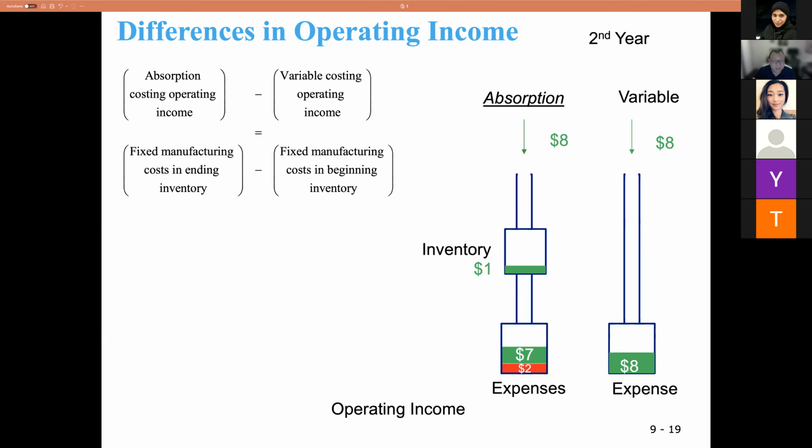So can you tell me what's the operating income for year 2 under absorption costing? 11. So the expenses would be 7 plus 2, that's 9, and 20 minus 9 is 11. So my operating income is 12 for variable, and 11 for absorption.